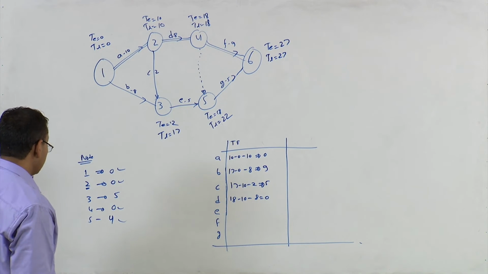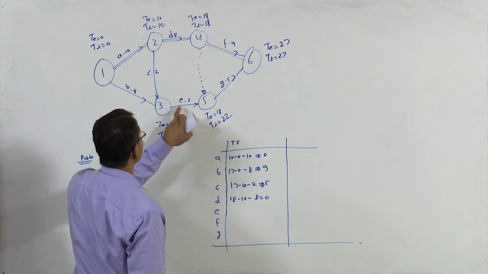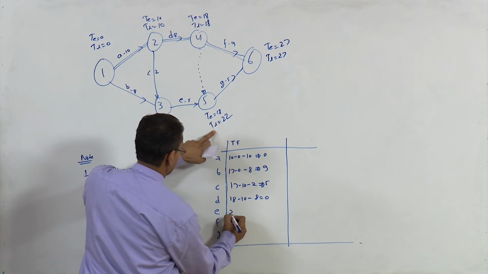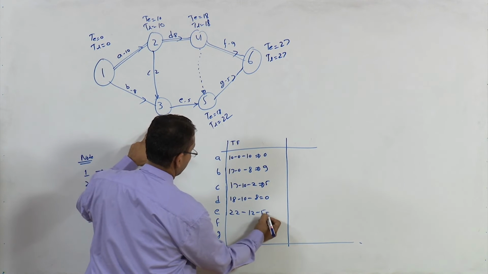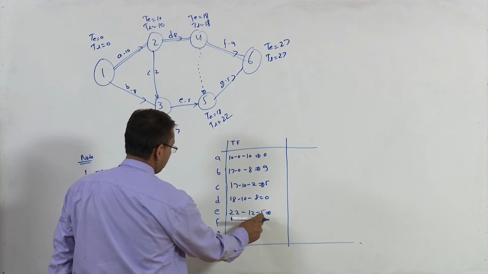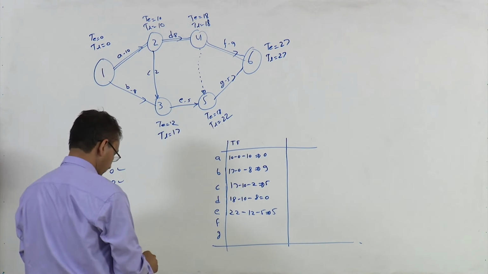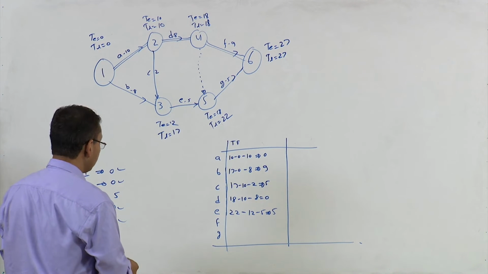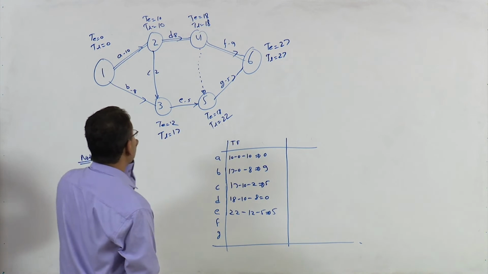For E, TL minus TE, this is activity E, so TL 22 minus 12 minus 5, this is 5. Now activity F is here.